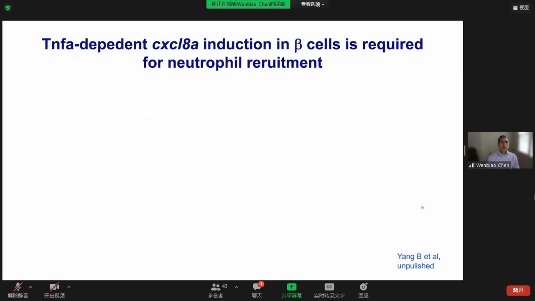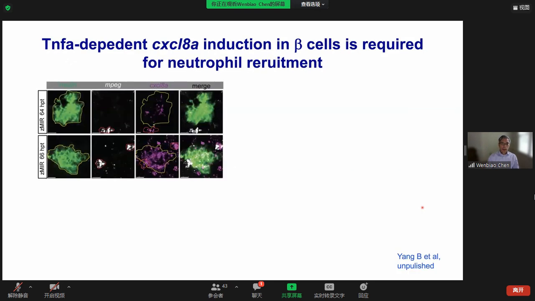So how did neutrophil get in? With this, we look at the prime suspect, which is IL-8 or CXCL8, which is the most potent neutrophil chemokine. We look at CXCL8 expression, and we found that prior to macrophages coming in, there's very little CXCL8 in the islet.